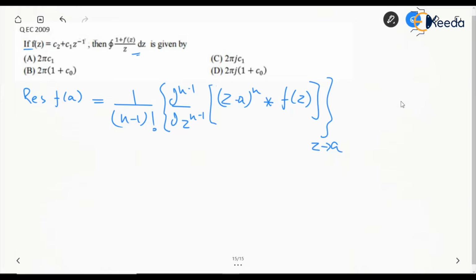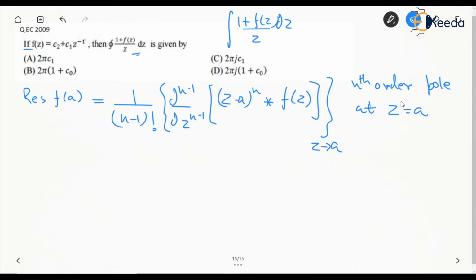This is for an nth order pole at z equal to a. So what they are asking is the integral of 1 plus f of z by z dz.